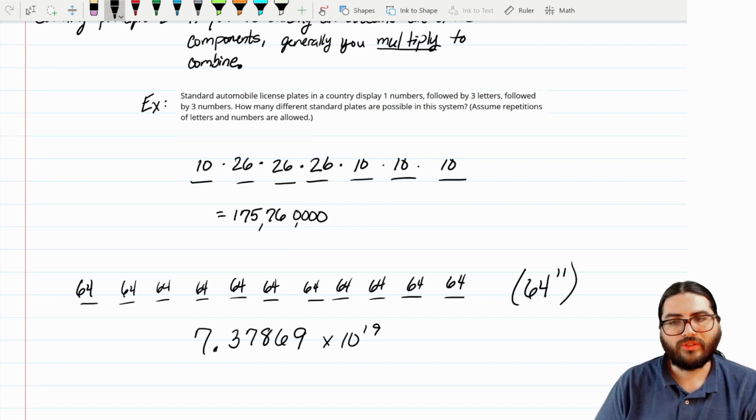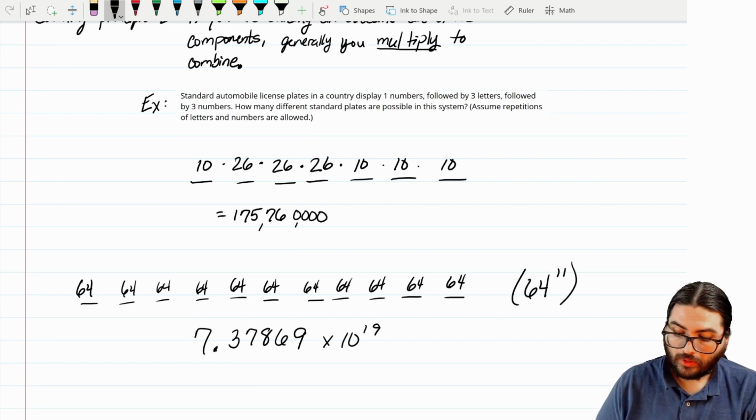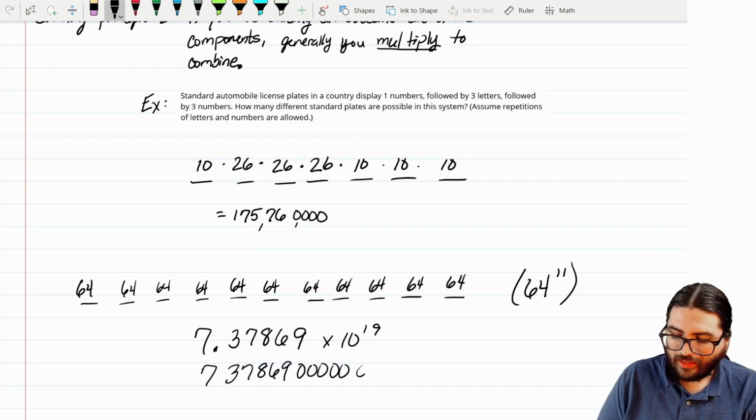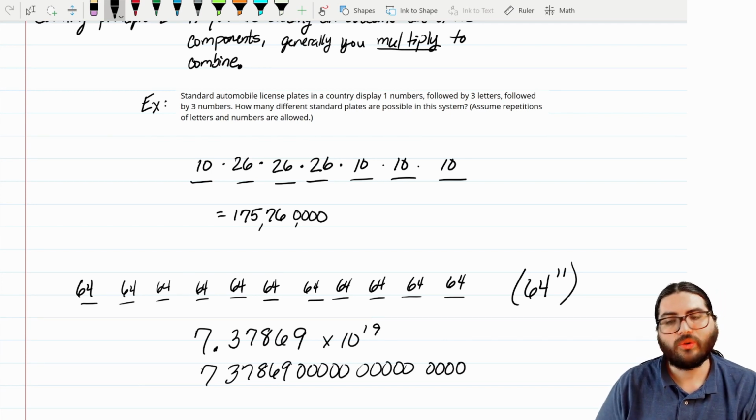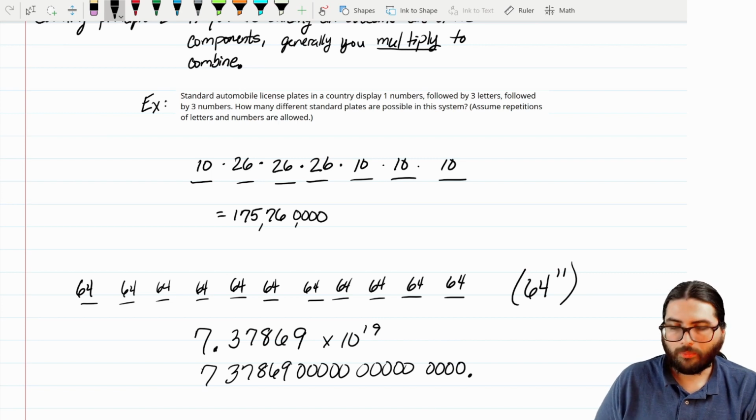Oh my goodness gracious, that's a scientific notation number. What that means is this decimal has actually been moved 19 times. 1, 2, 3, 4, 5, 6, 7, 8, 9, 10, 11, 12, 13, 14, 15, 16, 17, 18, 19 times total. That's a big number.